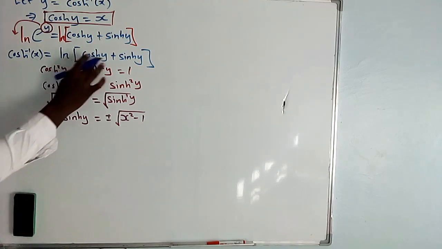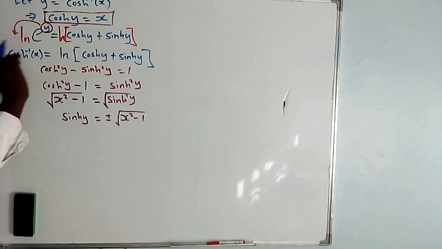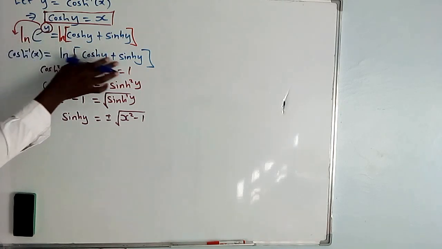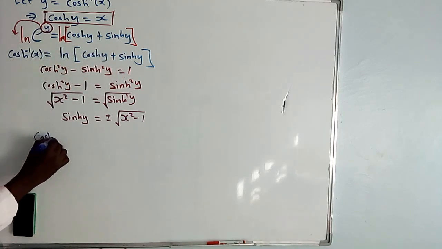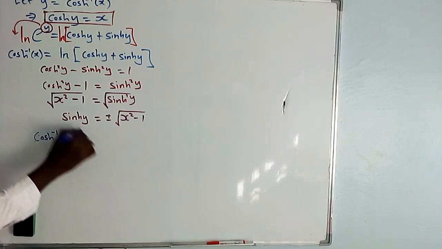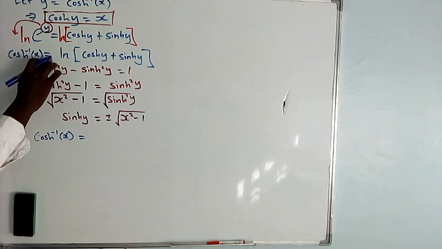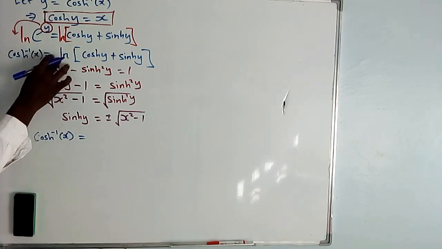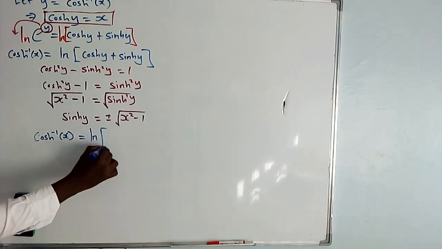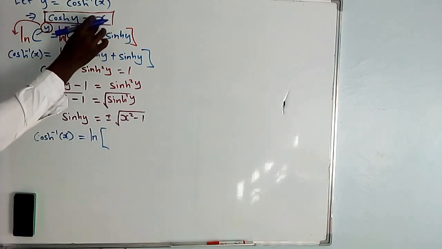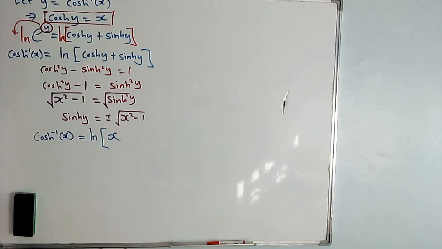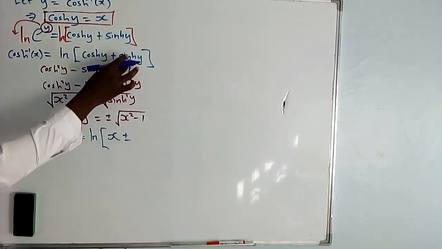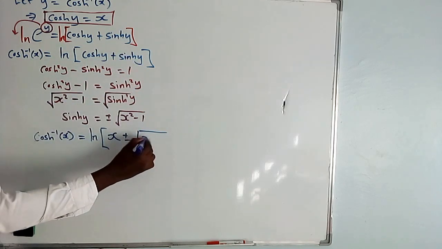So can we now go back and substitute that in our logarithmic form of the cos inverse of x? The logarithmic form of the cos inverse of x is now ln of cosh y, which you found to be x, then plus or minus the square root of x squared minus 1.